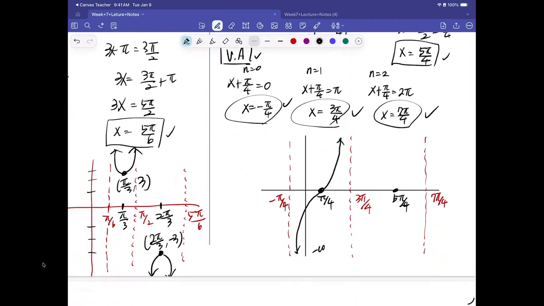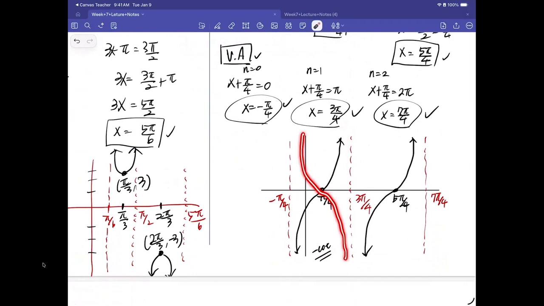This is negative cotangent, because positive cotangent is this way. So negative cotangent is going to be the opposite. And that's it. Finding one ordered pair is enough. Just look at the shape, the x-intercept and the vertical asymptote, then you're good. Okay.